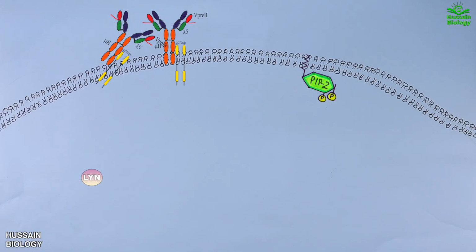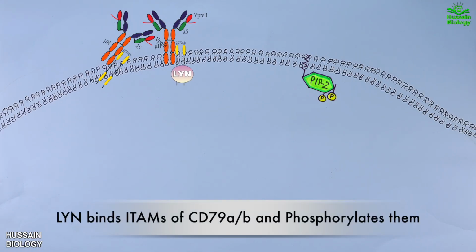LYN is membrane associated and becomes activated upon receptor clustering. Once active, LYN phosphorylates the ITAM domains on CD79A and CD79B. This phosphorylation creates a docking site for the next molecule in the cascade, SYK, a cytoplasmic tyrosine kinase.